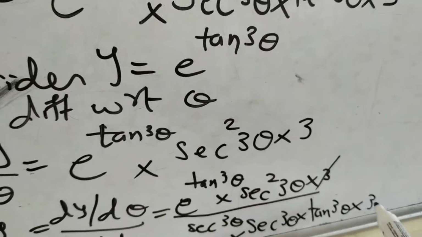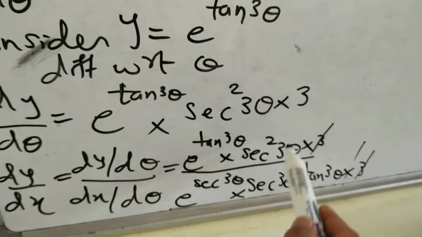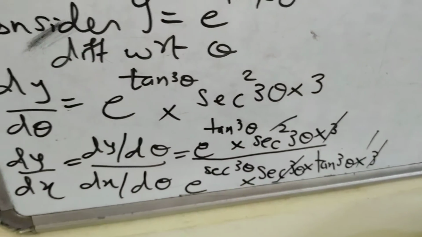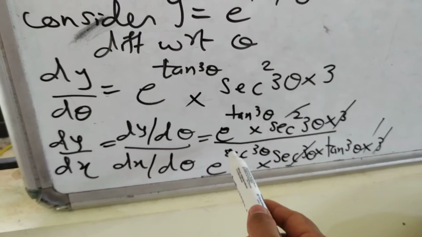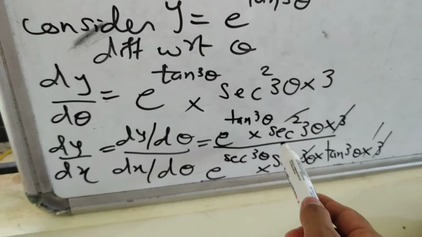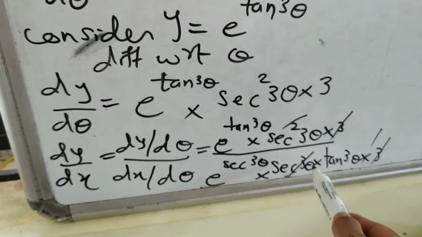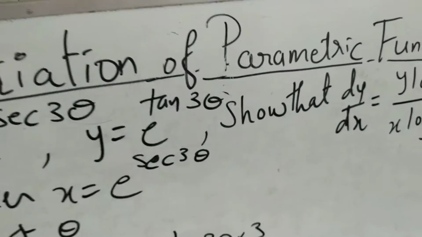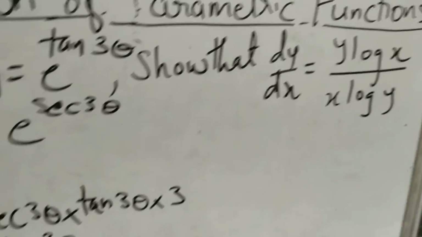Now this 3 and this 3 will get cancelled. One sec square 3 theta from the denominator will get cancelled, and we will be left with e raised to tan 3 theta into sec 3 theta divided by e raised to sec 3 theta into tan 3 theta. And we are asked to show y log x is equal to x log y.